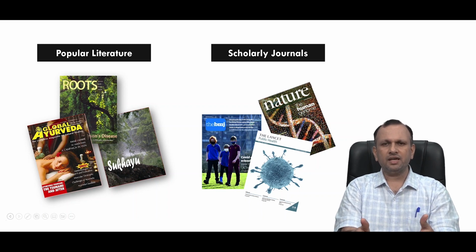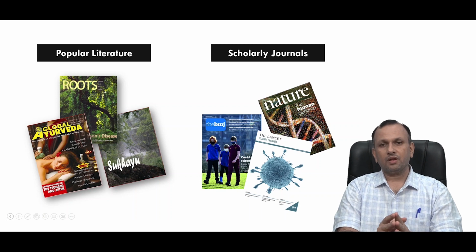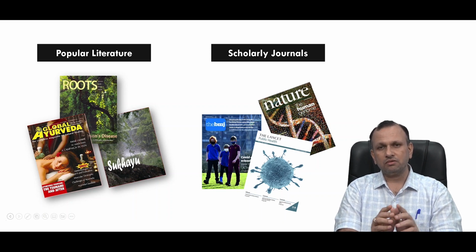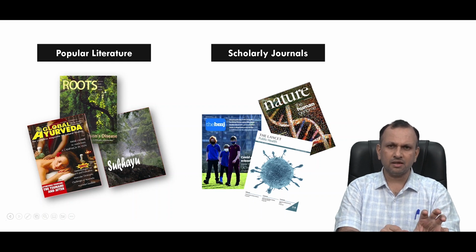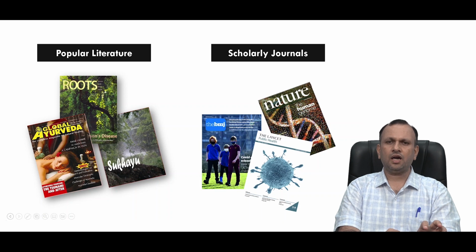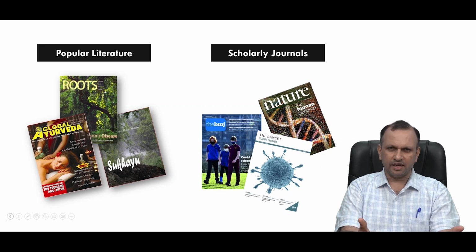Even a biomedical expert may not be able to understand the physics or chemistry, for example. So these journals publish scholarly or scientific literature pertaining to a specific focused area, whereas popular literature covers a wide range of topics, and it is non-technical in nature.